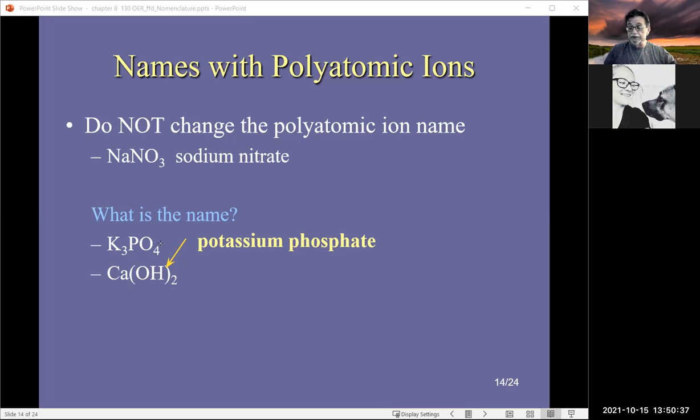Notice there's no parentheses in the first one, so I relied on looking at the phosphorus and then seeing that there is an oxygen bonded to it right immediately. And that's how I determine it's a polyatomic ion. But if I see a parentheses, I don't have to go any further. I got a polyatomic ion. I go look it up. OH is a hydroxide, its name. And Ca is simply calcium. So we have calcium hydroxide. Okay.